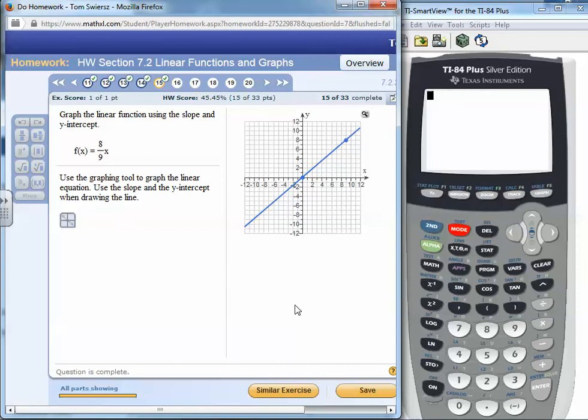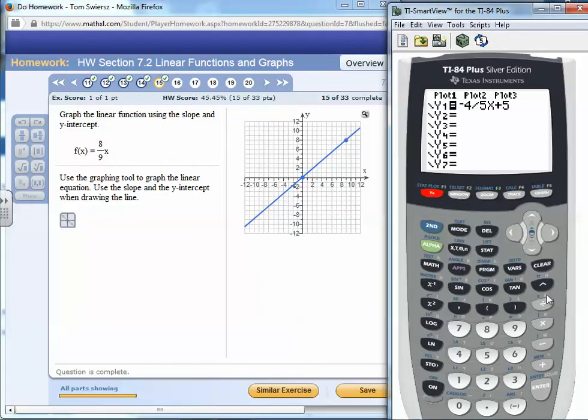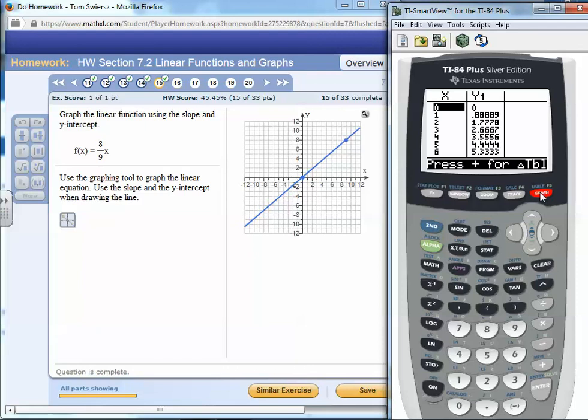So again, we could do this on our calculator. Remember, you hit the y equals, and then we can clear out the previous problem. 8/9 we can put in as 8 divided by 9. The x value is next to the alpha key. So you click on that, you get x, and that's all we have, 8/9 times x. And now we can hit second graph to get our table values.